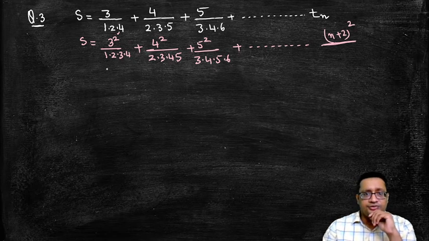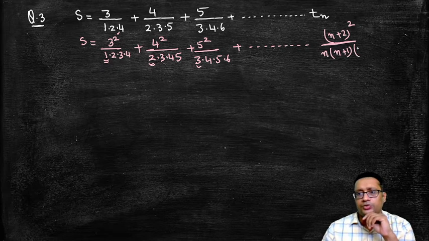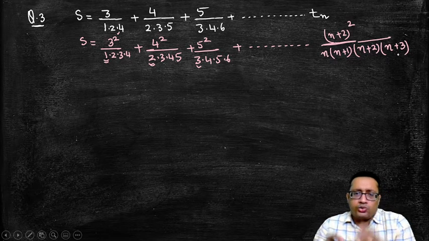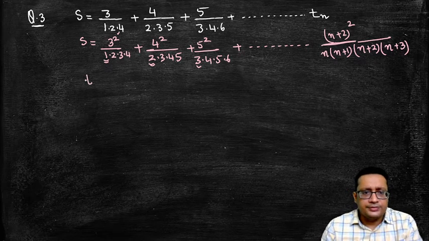Divided by, see here, in each product the first term is 1, 2, 3, so here it becomes n, n plus 1, n plus 2 and n plus 3. So I am able to write the nth term. Let's write the nth term Tn.